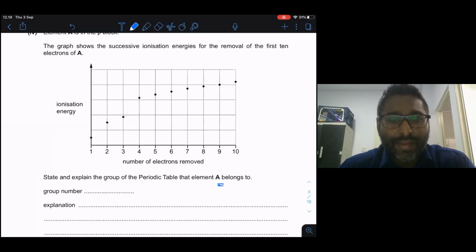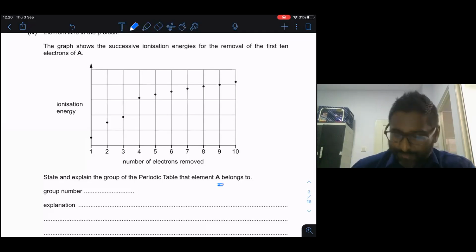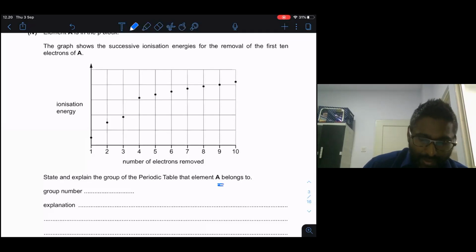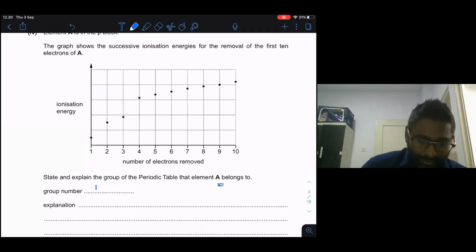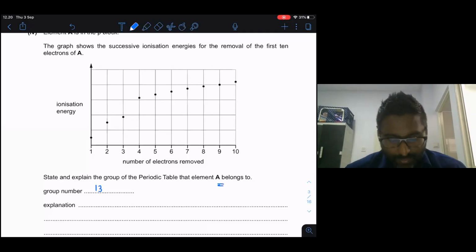If you are writing down your answer, what would you explain? You just mentioned group 3, fine. But I told you in A level, please write Group 13. So it's Group 13.